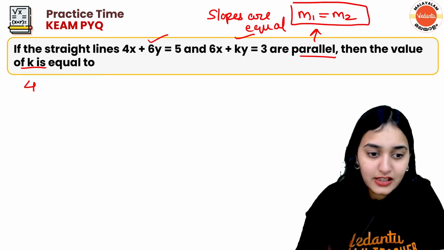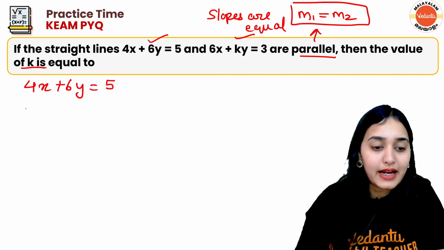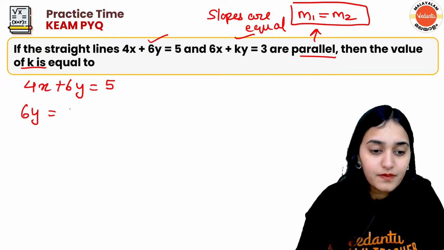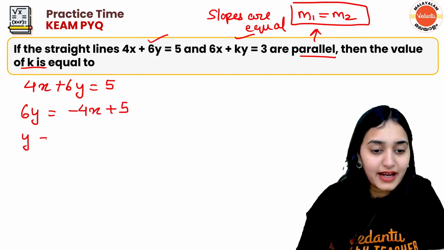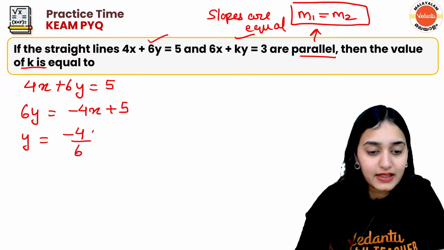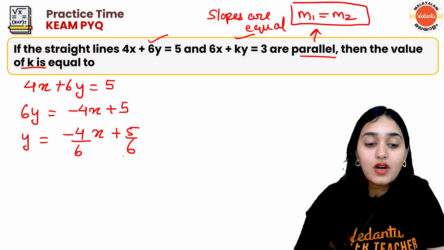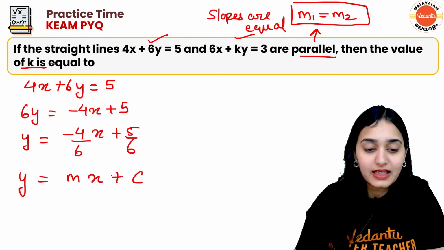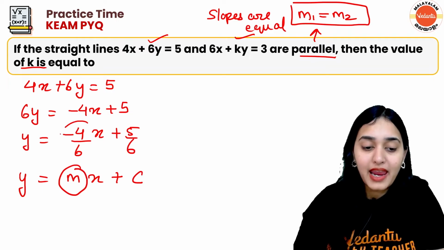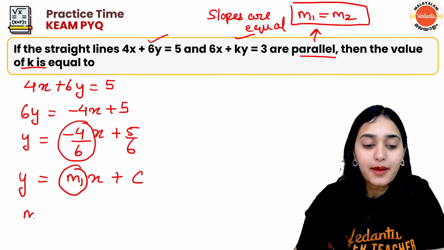My equation is 4x plus 6y is equal to 5. Let me write it like 6y is equal to minus 4x plus 5. Now y is equal to minus 4 by 6 x plus 5 by 6. Why? Because I want to convert this into y is equal to mx plus c. Now what is m? M is minus 4 by 6. So here m1 is equal to minus 4 by 6.